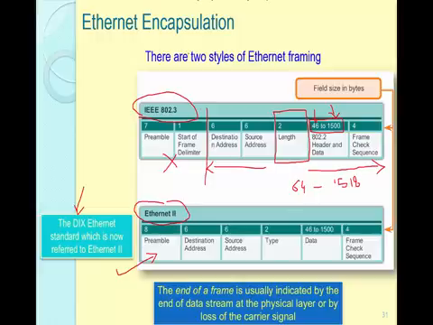The second difference is that Ethernet 2 uses an 8-byte preamble, while 802.3 uses a 7-byte preamble and 1 byte to indicate the beginning of a frame. Now, in case you're wondering what these do, basically the preamble is meant for synchronization.